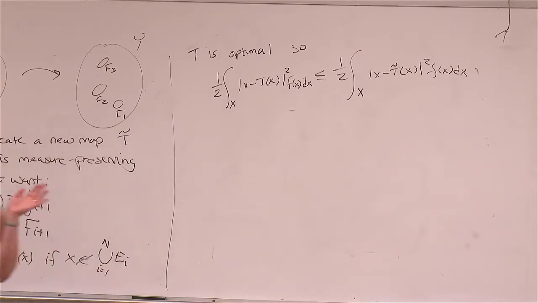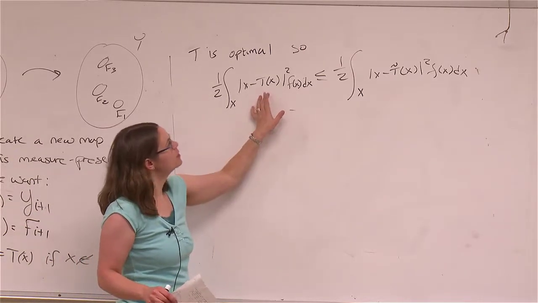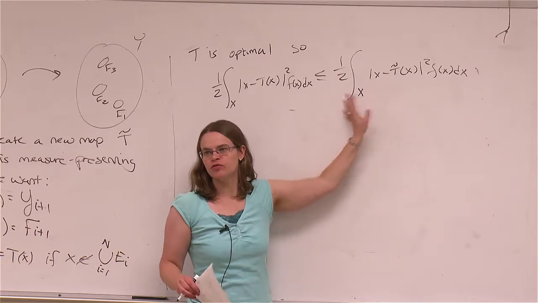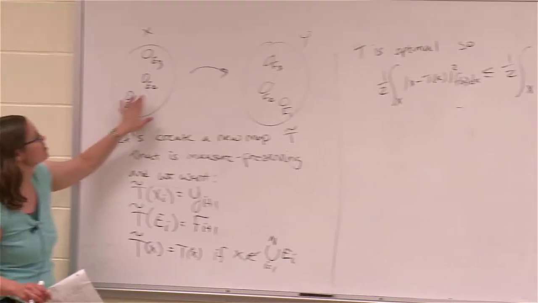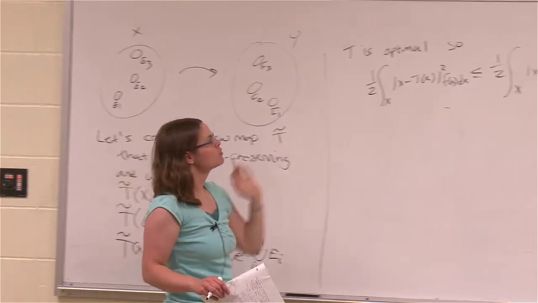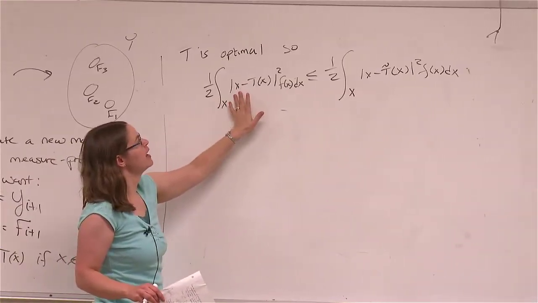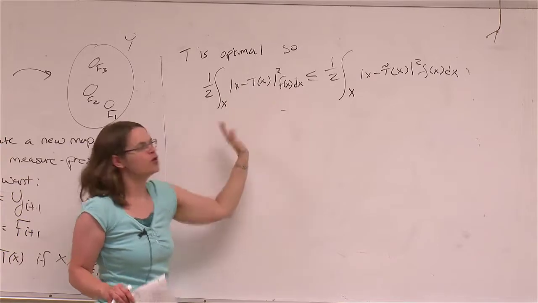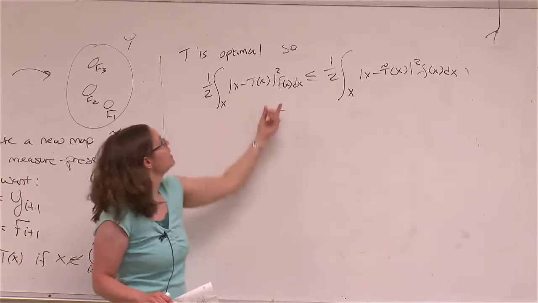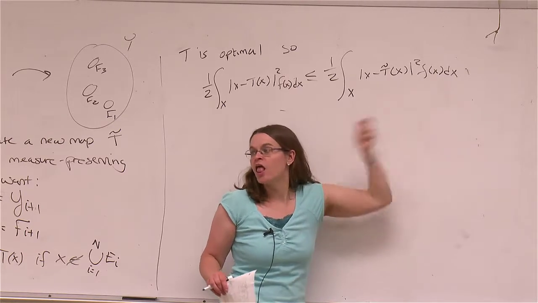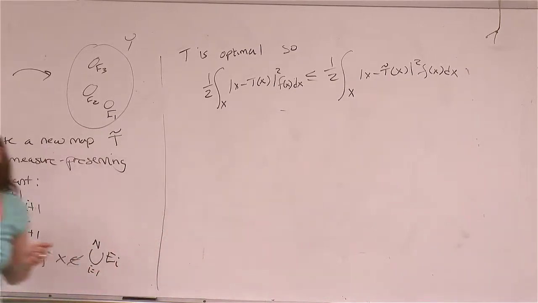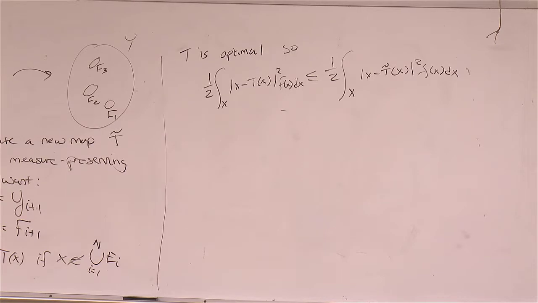All of the arguments that I did in 1D basically still work here. In most of the domain, I'm integrating exactly the same thing, so those parts of the integrals I don't have to worry about. I only have to worry about when I'm integrating over these little balls. When I multiply this out, I've got an x squared times f on both sides, and those are the same. I have a T of x squared times f on both sides, with T tilde on this side. The integrals are the same because these are both measure preserving mappings.